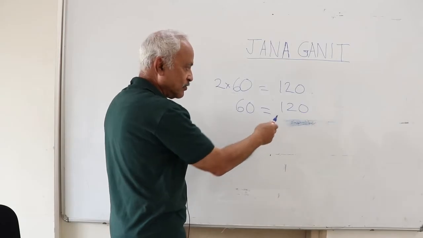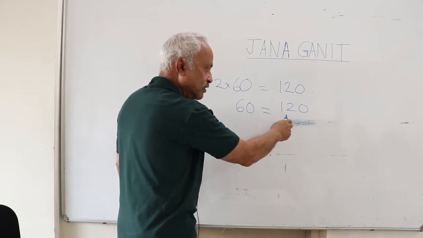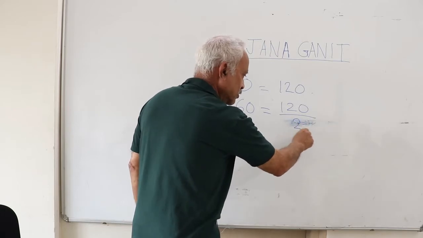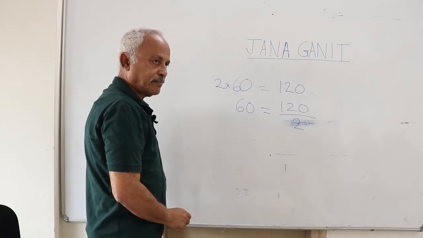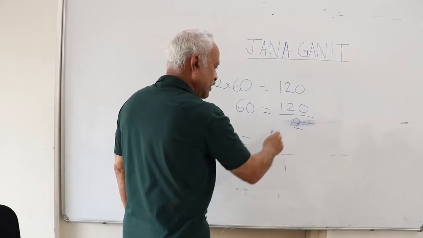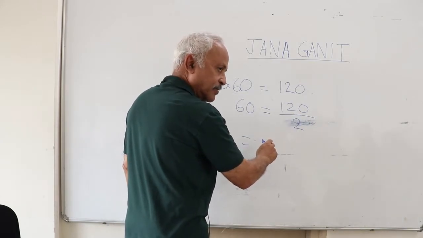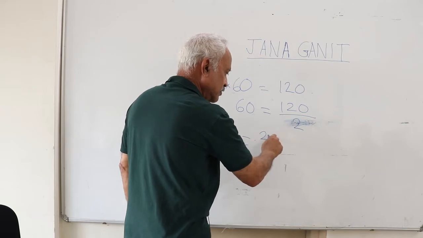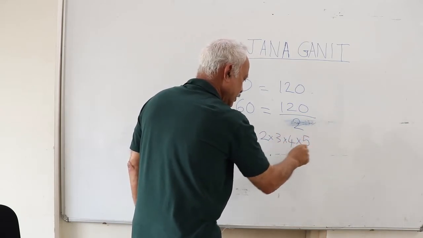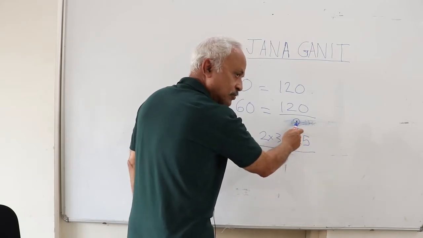By 2. So how will I write 120 divided by 2? I can write it as 120 upon 2. Now I can write 120 as factors. What are the factors? 2 into 3 into 4 into 5, upon this 2.